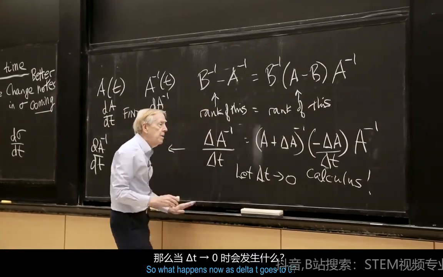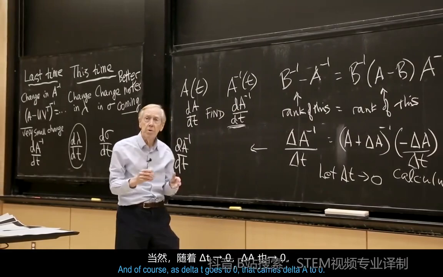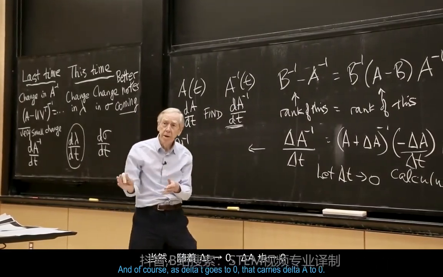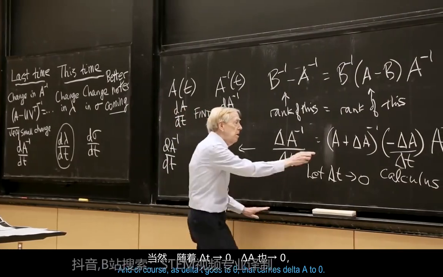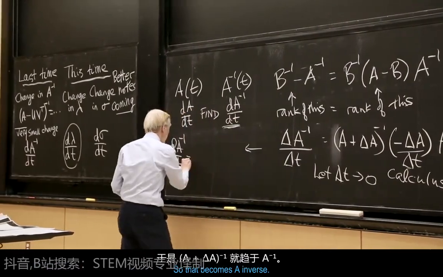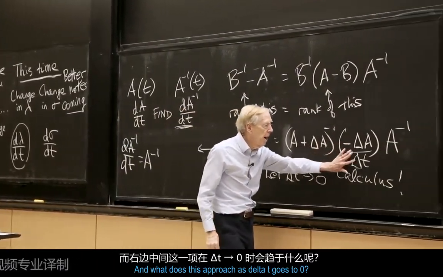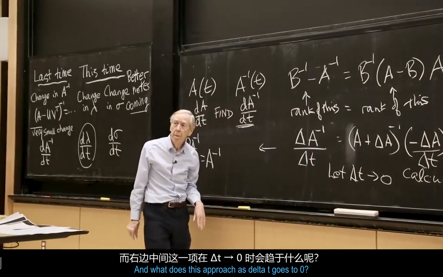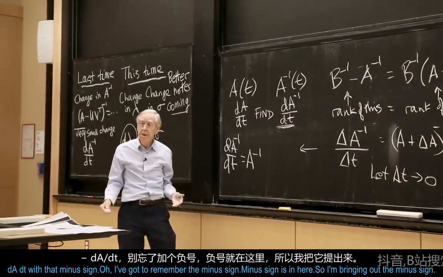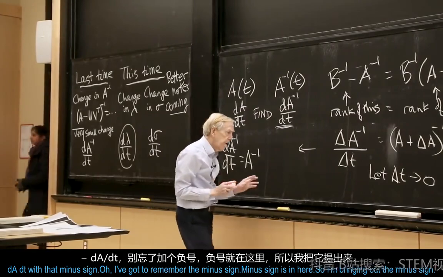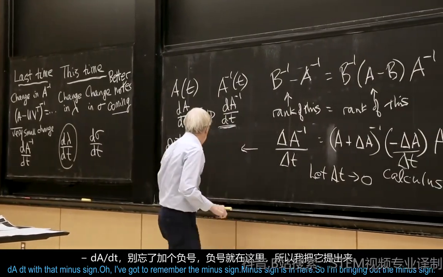So what happens now as delta t goes to 0? Of course, as delta t goes to 0, that carries delta A to 0, so that becomes A inverse. And what does this approach as delta t goes to 0? dA dt with that minus sign. Oh, I've got to remember the minus sign.